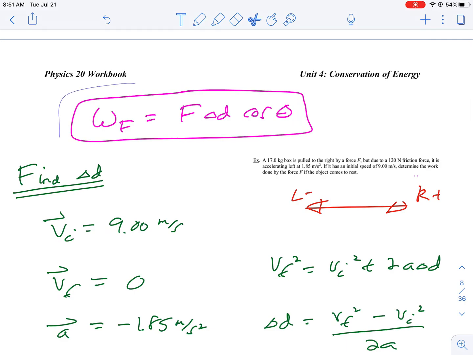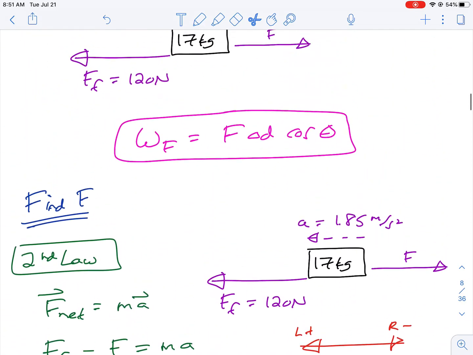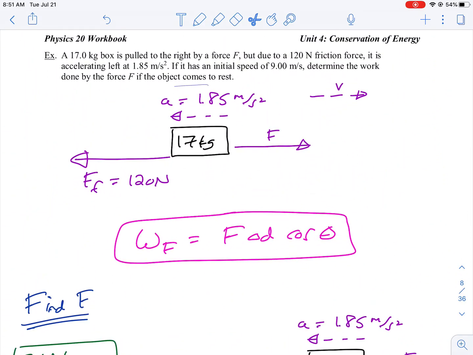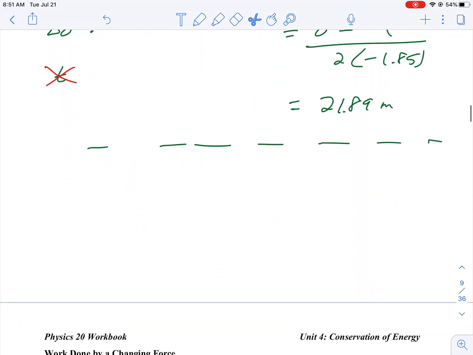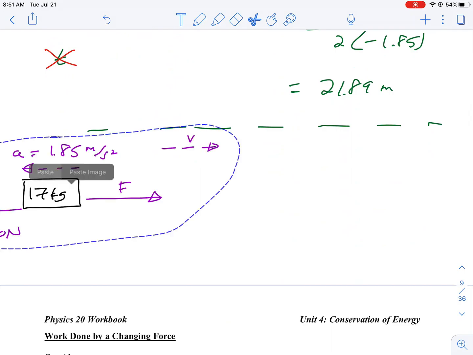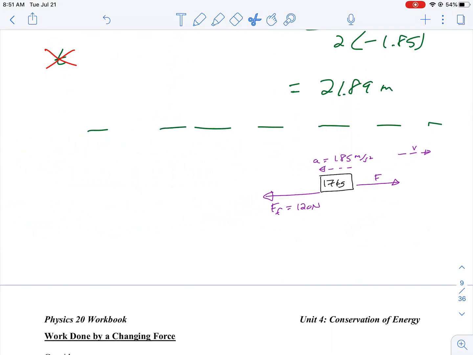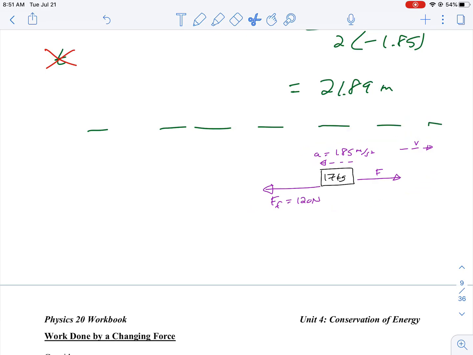So remember, I'll take the force diagram again. That whole thing, let's copy that. Paste it, shrink it, bring it over here. So now we can go back to the original equation, and we have work is equal to F delta D cos theta.